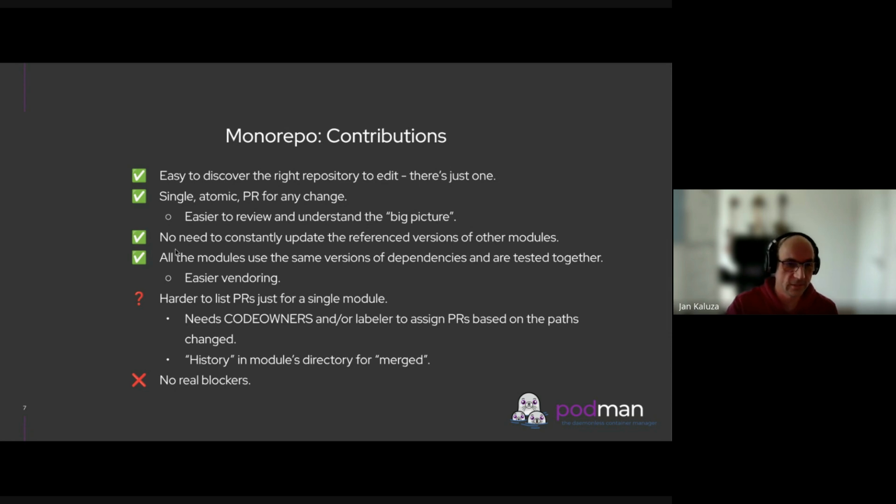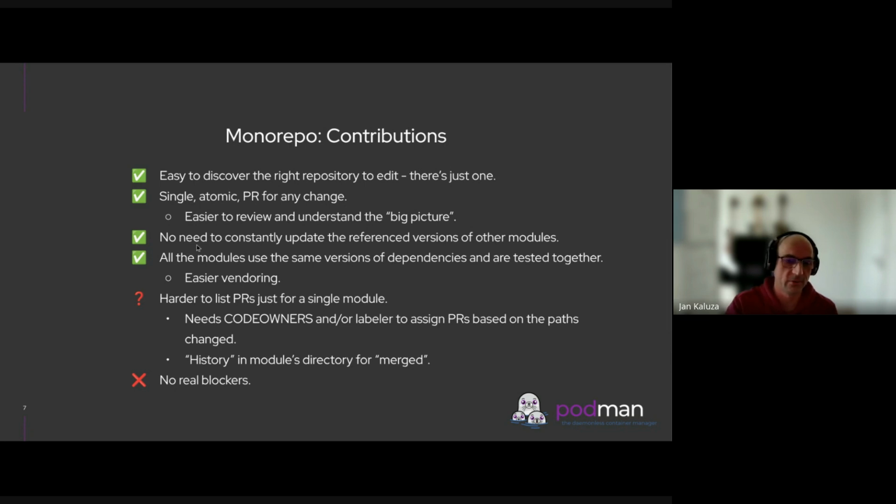This leads to the next point, which is checking that those PRs work together. You have to change the reference versions to other modules, at least I think so, because otherwise you cannot really check that your change in the common module works correctly with the storage module or image module, or even with Podman itself.